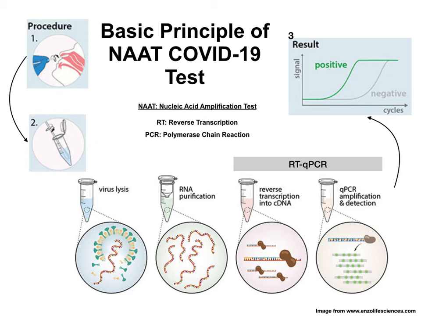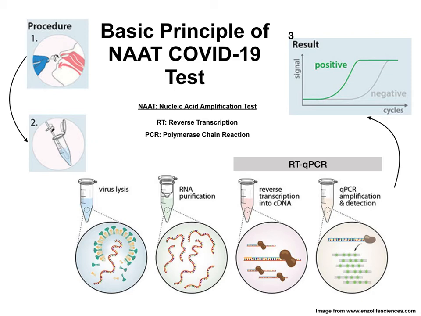You can see that it's broken, and then the RNA is out, and that gets purified. It's not only one virus in this vial; there are millions of them, and all the unnecessary protein outer circles are broken, so you collect all the viral RNA and purify it.